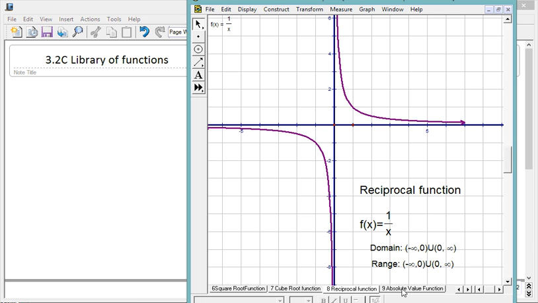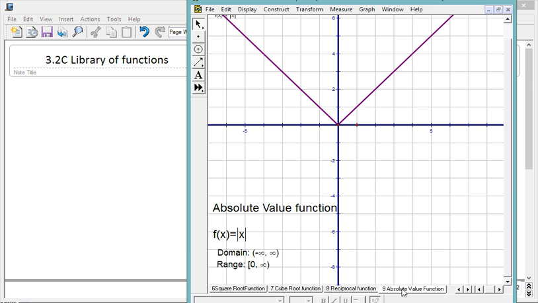All right, the last one that we'll talk about in this video is the absolute value function. So we've been talking about absolute value equations, right? So as a function, this is what it looks like. It's this V, right? If x is positive, we're just doing the identity function.